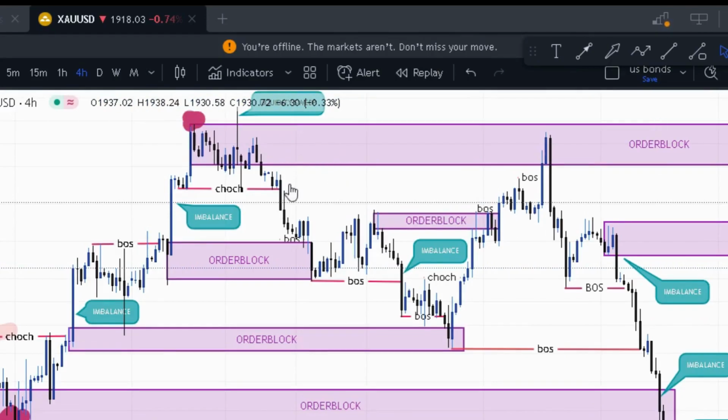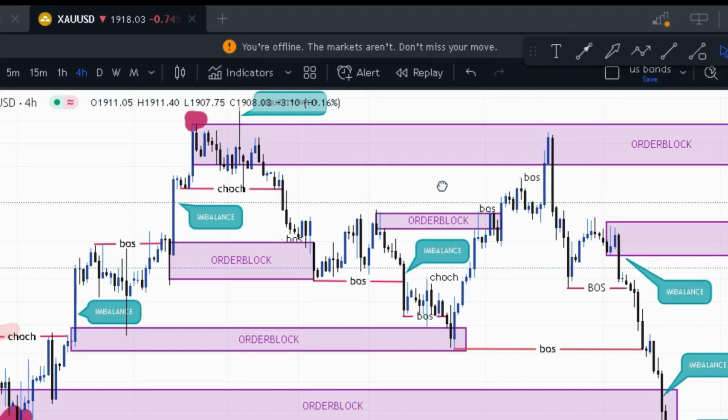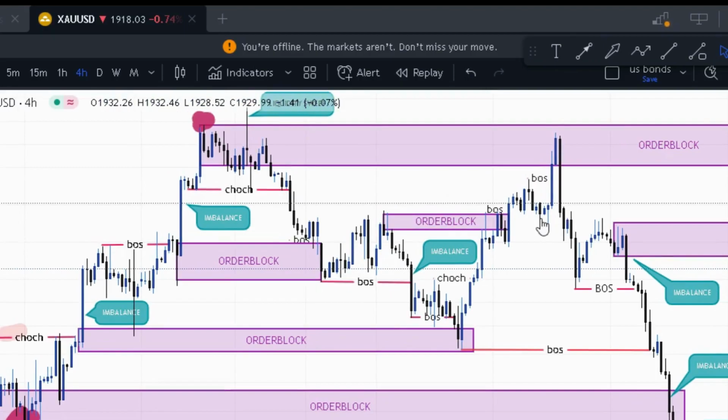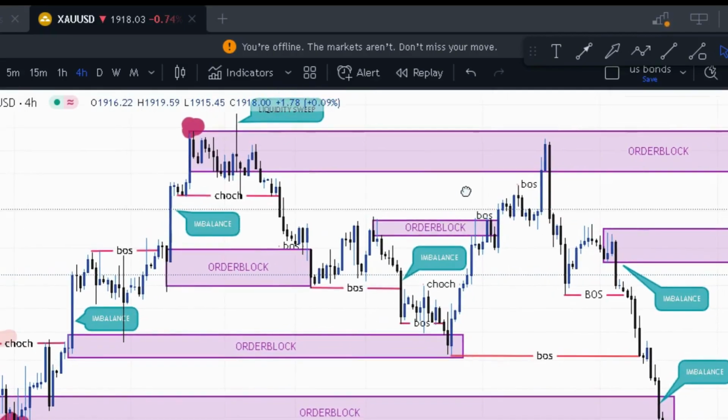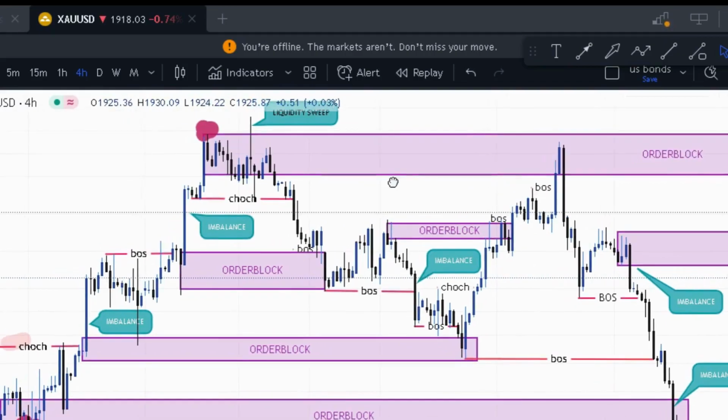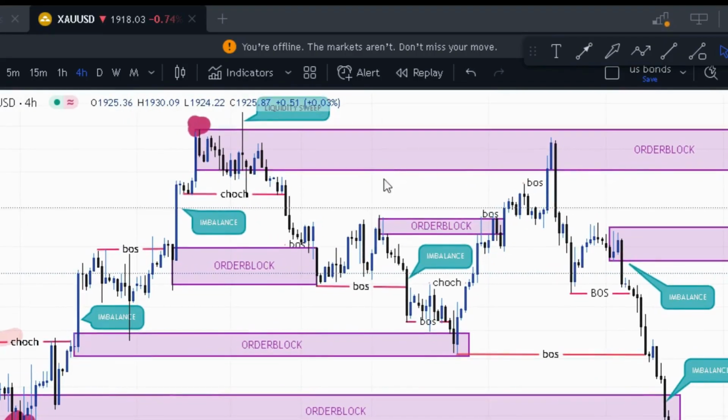This zone here, I took it as a flip zone, and I had taken some trade here, but I only lost a few pips because after I took the trade, I pushed my stop loss to break even, so I didn't incur so much loss there.